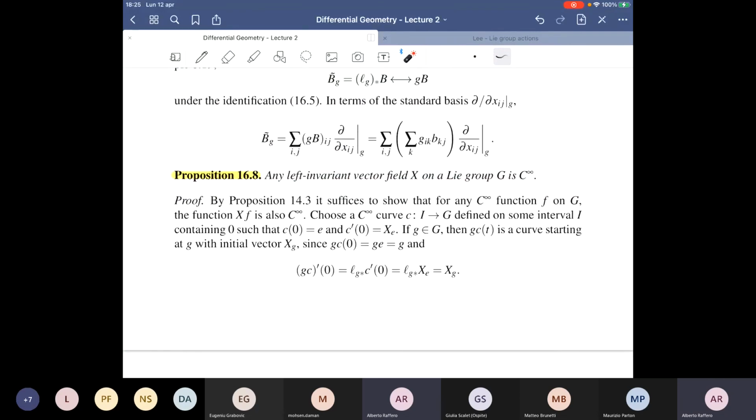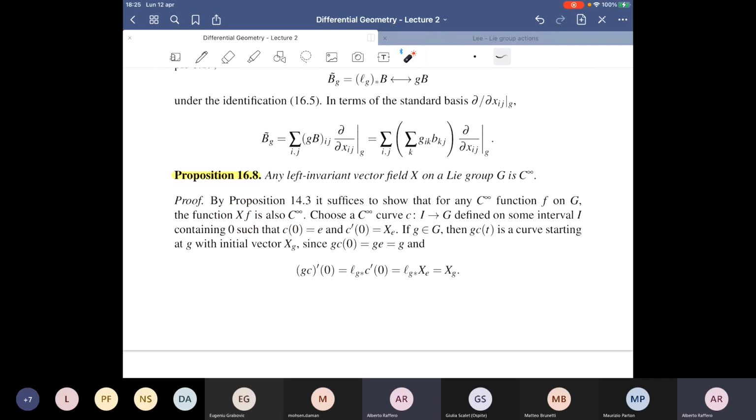And to show this, just use left invariance and show that locally you can consider any smooth function on the Lie group and show that if you apply your left invariant vector field to the function, then you get again a smooth function.